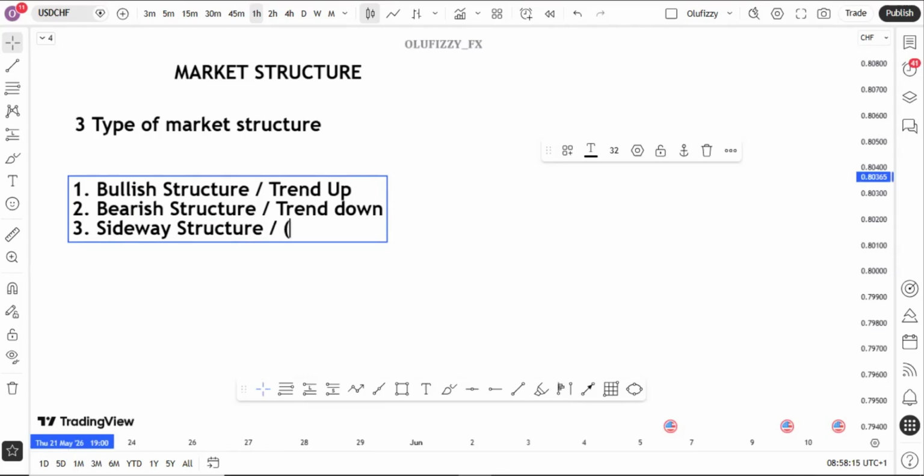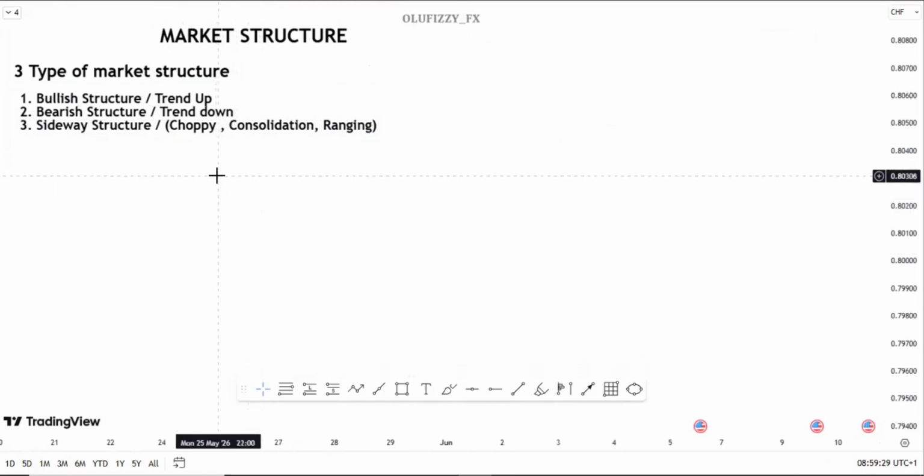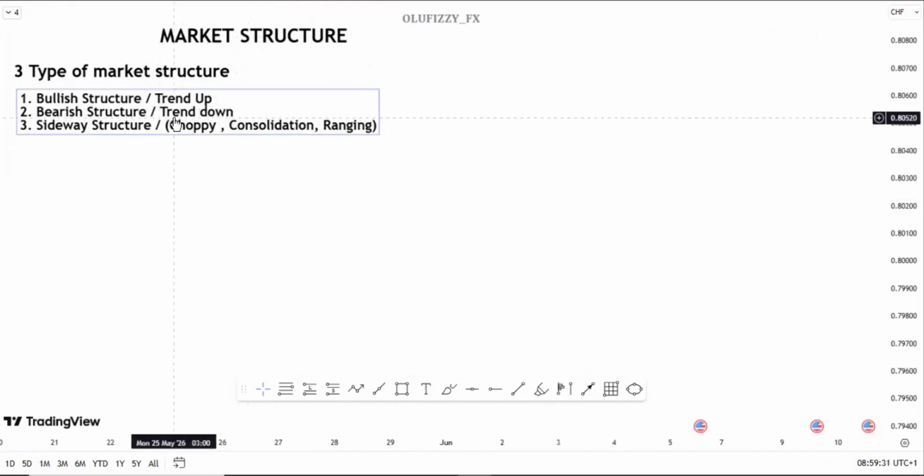Sideways can also be referred to as choppy markets, or you can also call it consolidation. When the market is consolidating, it's the same thing as a sideways market, or you can also refer to it as a range market. You can use any one of those words for sideways market structure. Those are the three types of market structure that we have.